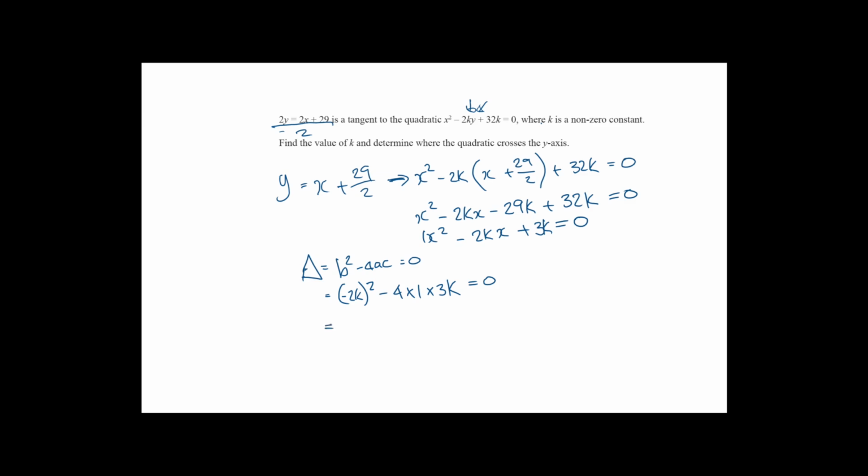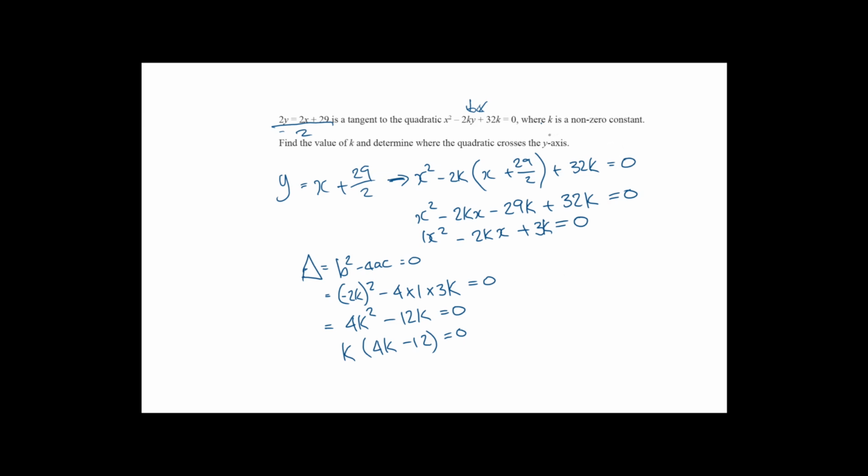So let's solve it for k. That's going to be 4k squared minus 12k equals 0. Okay. This is starting to take shape. Let's factor out a k. k times 4k minus 12 equals 0. So either that equals 0 or that equals 0.